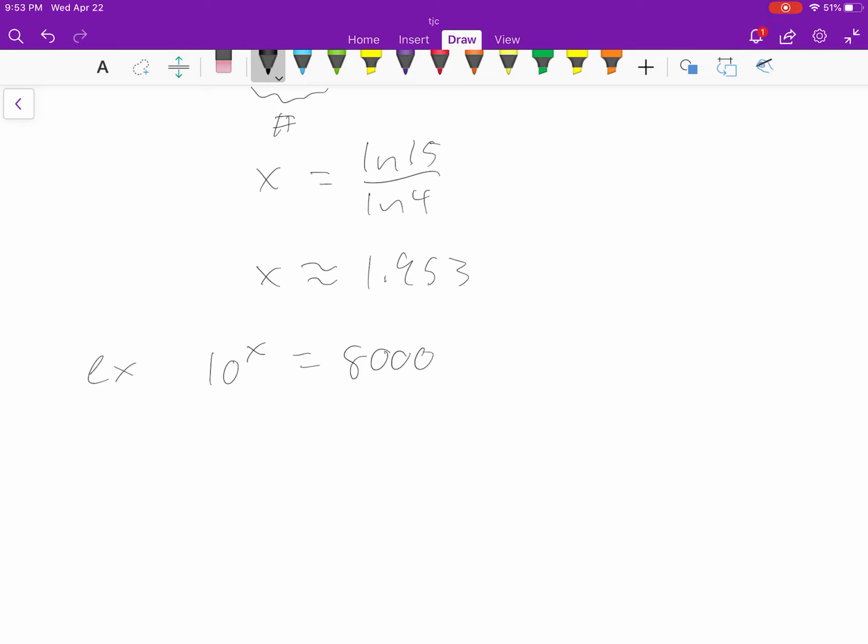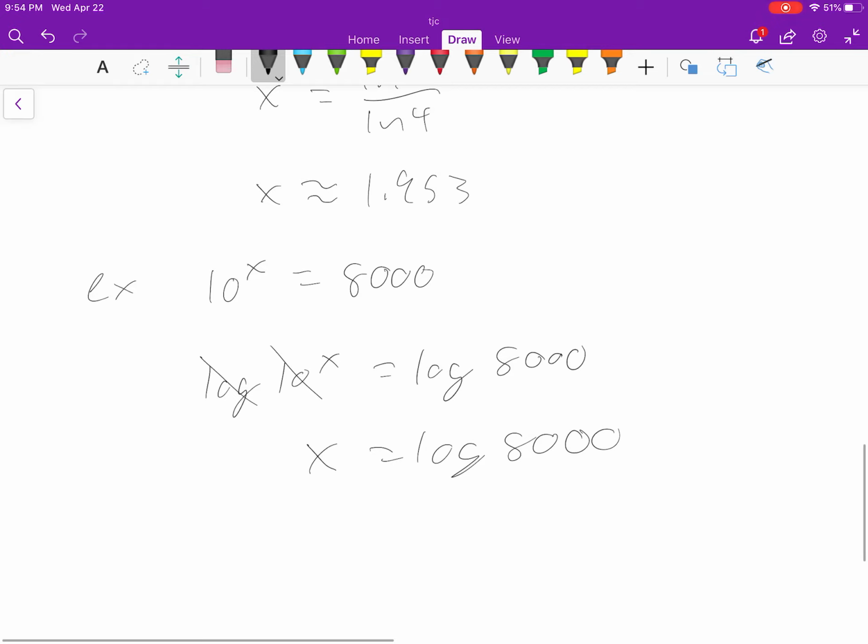You get the same answer. But I'm going to use log base 10 because we know that the logs cancel each other, log and 10 cancel each other out. And we end up with this.